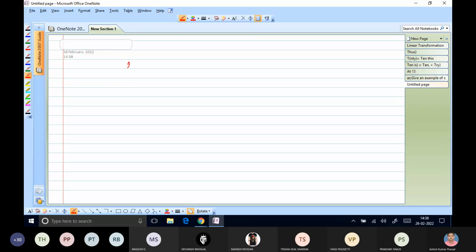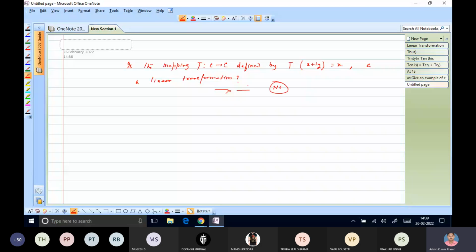See, is the mapping T from complex space to complex space defined by, say, T maps the point x plus iy to x only. x is nothing but x plus i0, making the imaginary part 0, a linear transformation? Here answer is no.